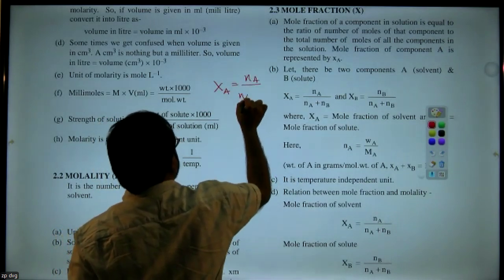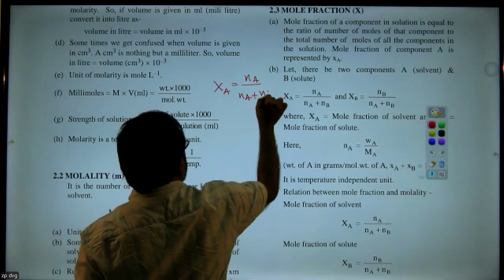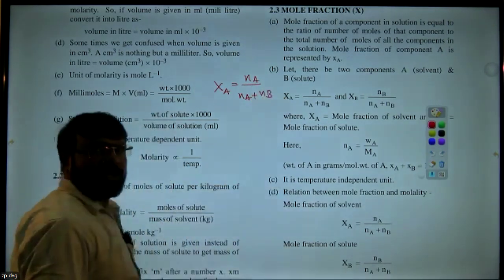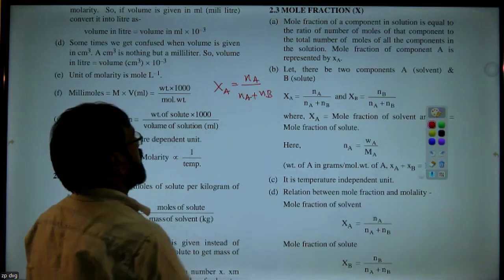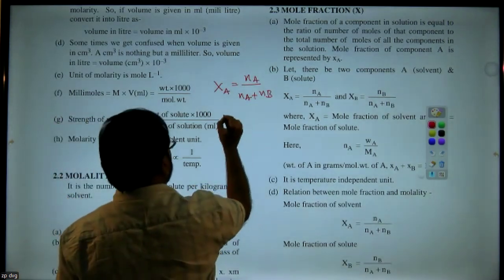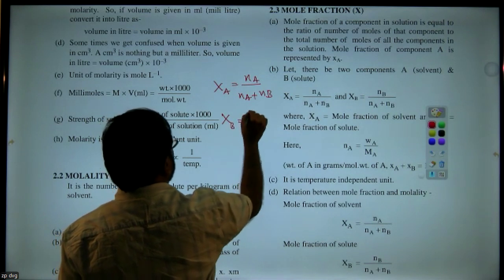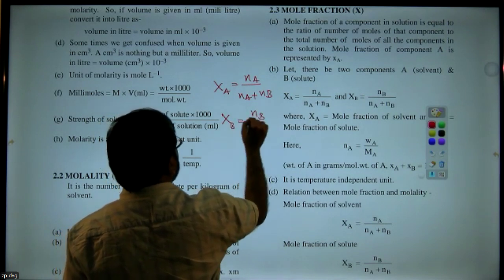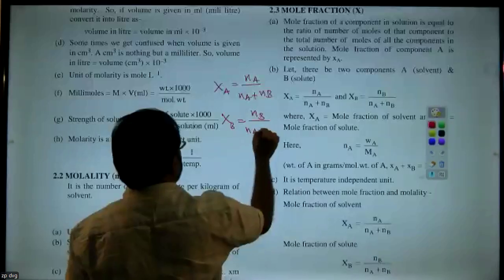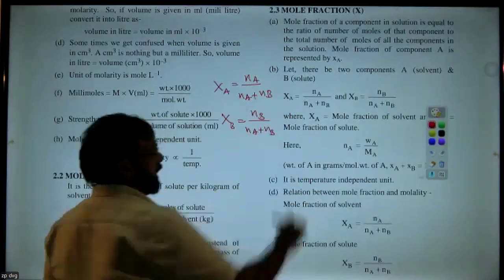If a solution is made up of only two components like A and B, then mole fraction of A, how we can calculate? Na by Na plus Nb. Mole fraction of B, how we can calculate? Nb by Na plus Nb. By using this formula, we can calculate.